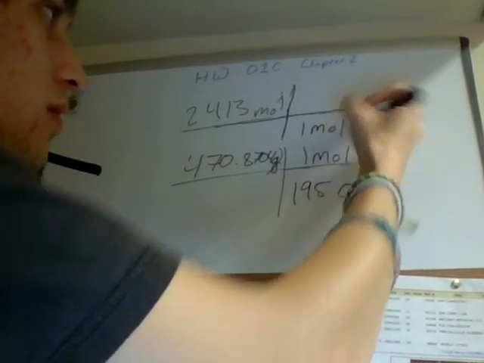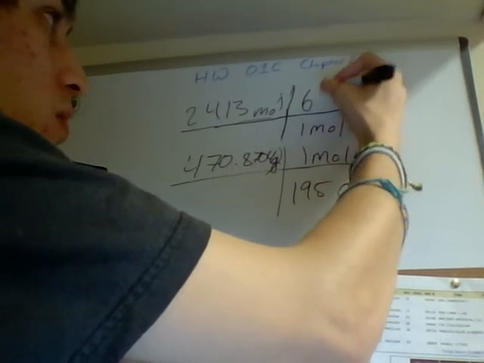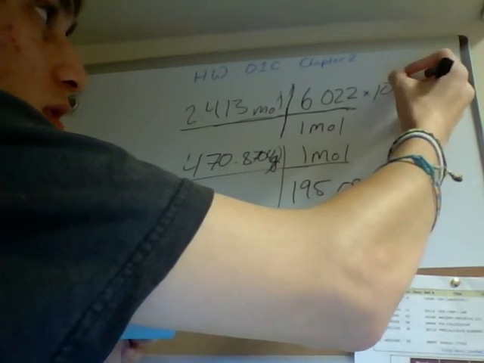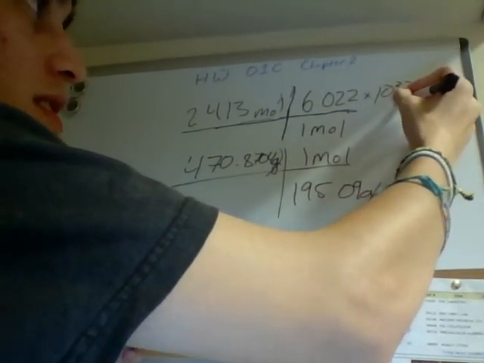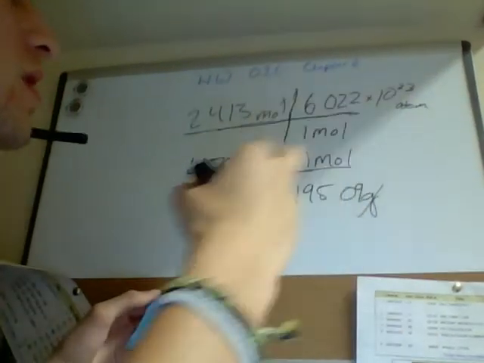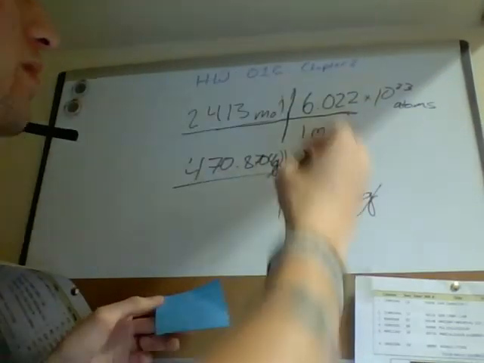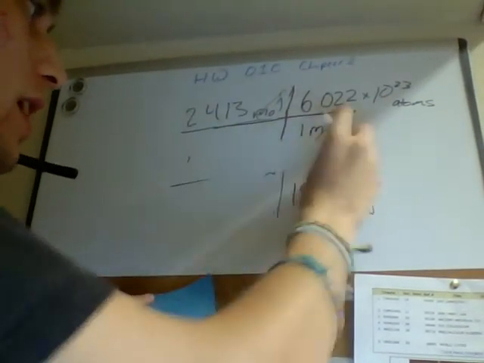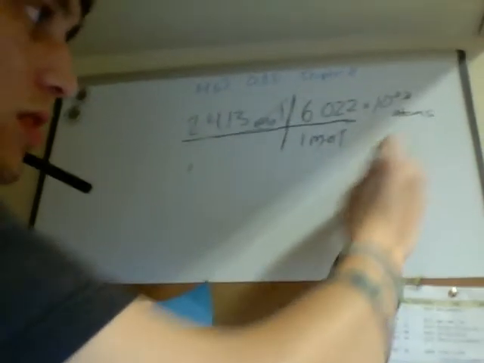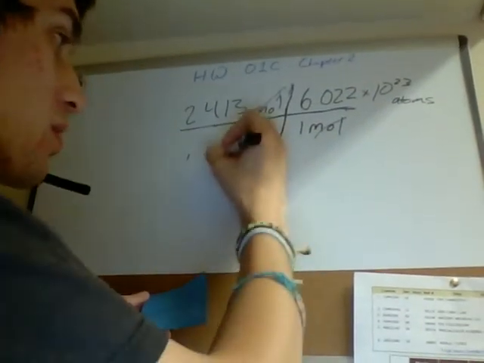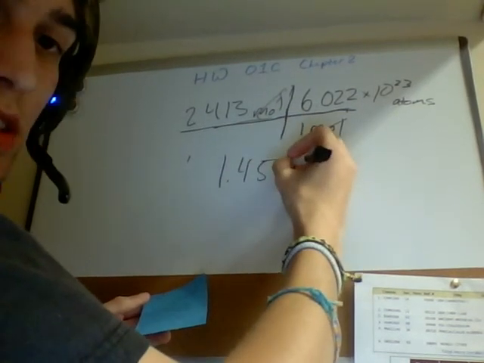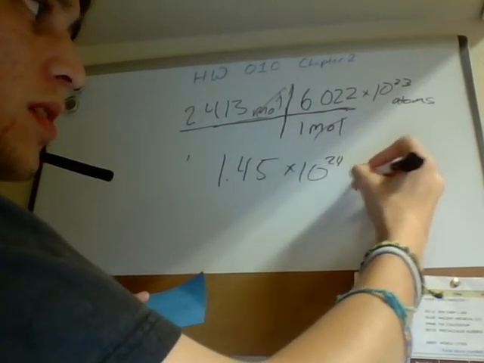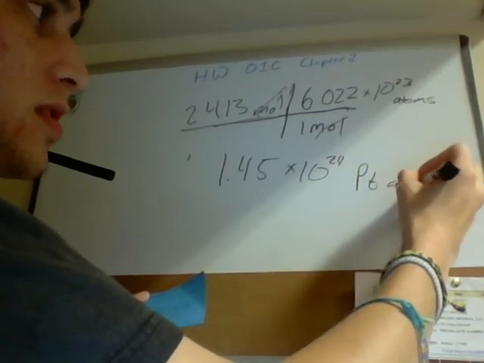So in 1 mole, there are 6.022 times 10 to the 23rd. In this case, it's atoms. Sometimes it's molecules. So the moles cancel out, and I am left with my answer for part A, which for me was 1.45 times 10 to the 24th platinum atoms.